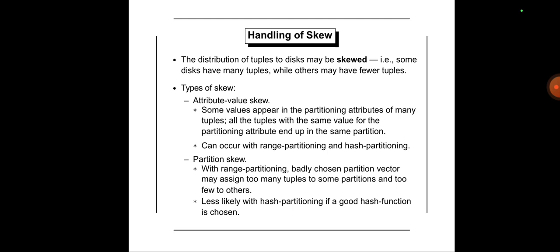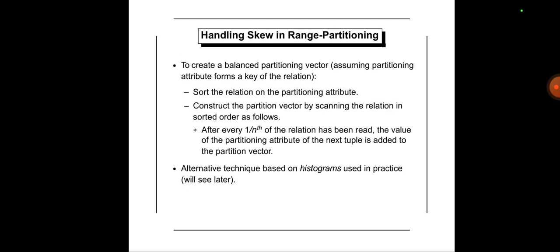All the tuples with the same value for the partitioning attribute end up in the same partition. Partition skew: with range partitioning, a badly chosen partition vector may assign too many tuples to some partitions and too few to others. This is less likely with hash partitioning if a good hash function is chosen.